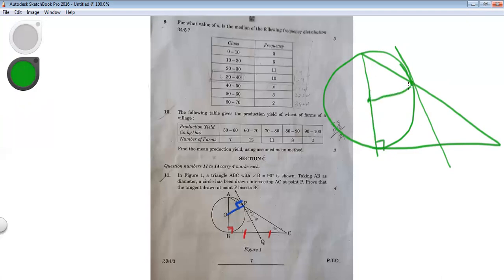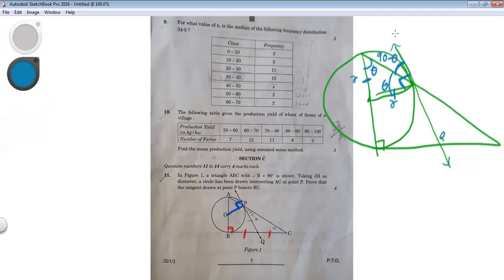Now I'm just joining this and this point. Now what's happening? You see, this angle is perpendicular. Let's say this angle is theta. Since this and this are equal, they are both radii, therefore this angle is also theta, right? Now, since this angle is theta, this angle becomes 90 minus theta, right?